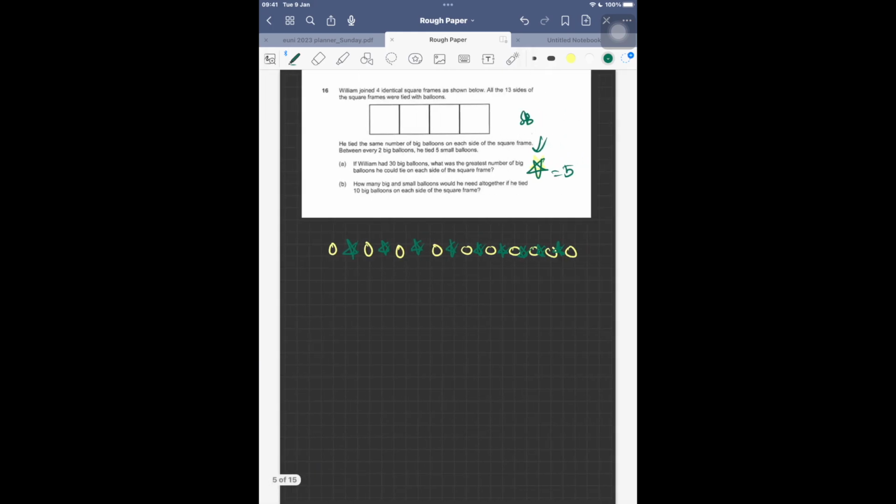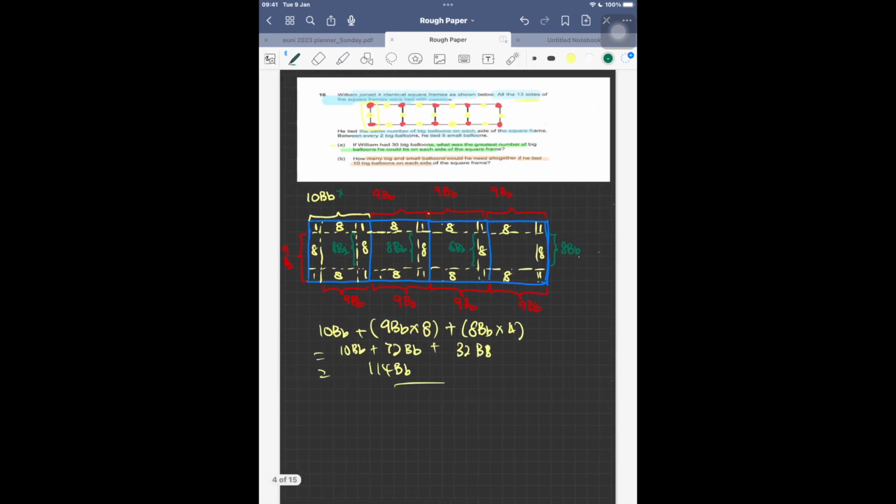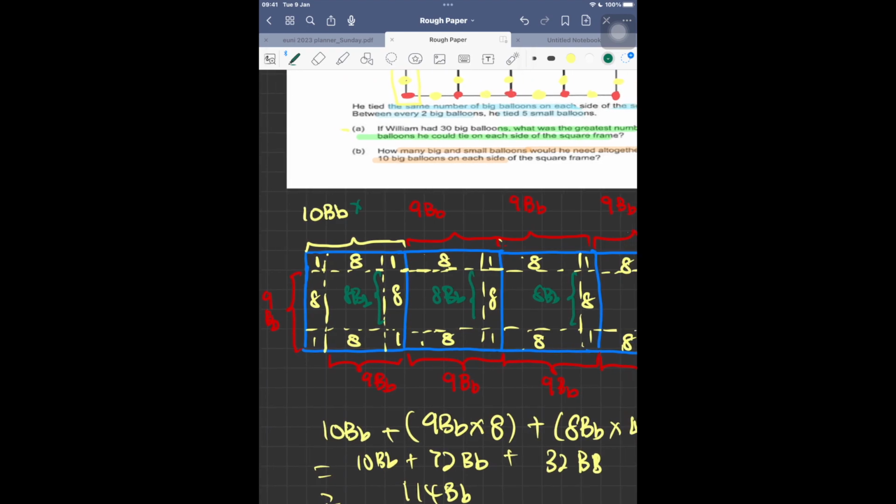Wait, see. 9 times 5 will give you 45. So over this side here will be, plus, sorry, small balloons, 45 small balloons. Okay? Here's 45 small balloons.